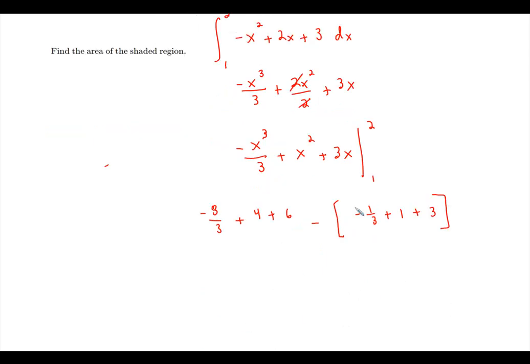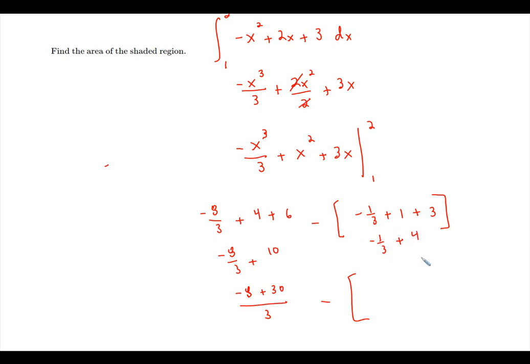Now we're going to simplify all this. So this will give us 10 right here, negative 8 over 3 plus 10. We need to get common denominator, so that will give us negative 8 plus 30 over 3, right? And then over here, minus, this will give us 4, so we have negative 1 over 3, right?